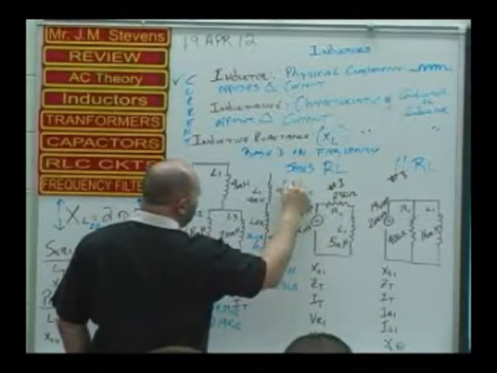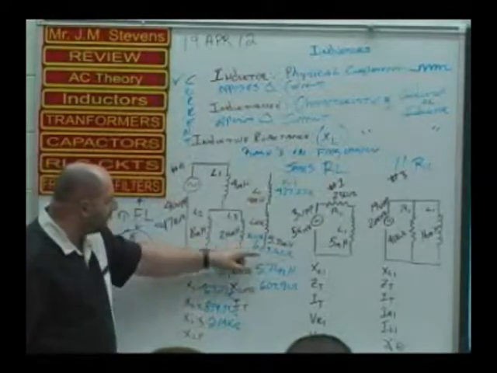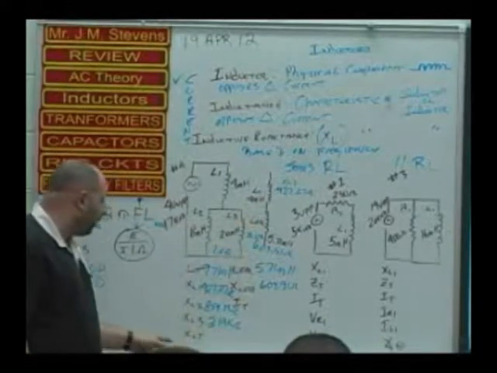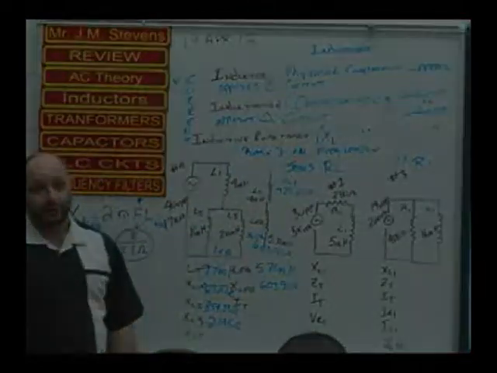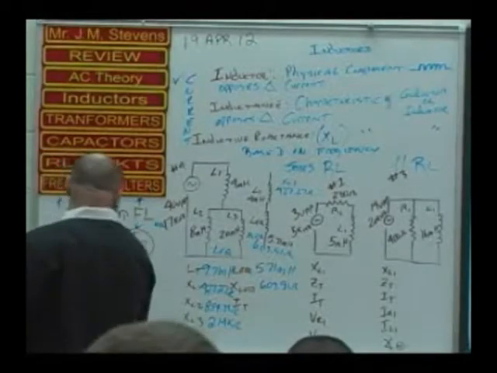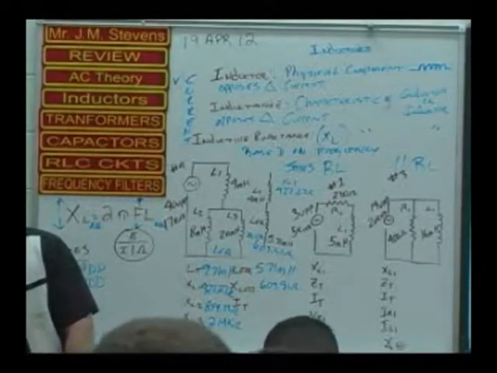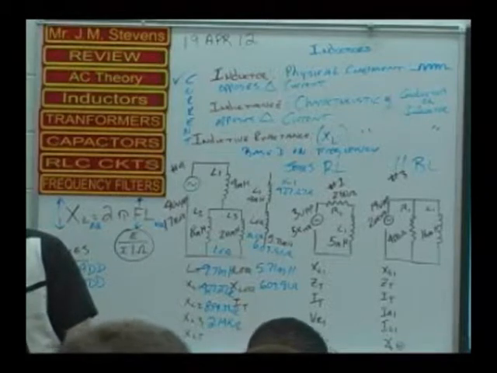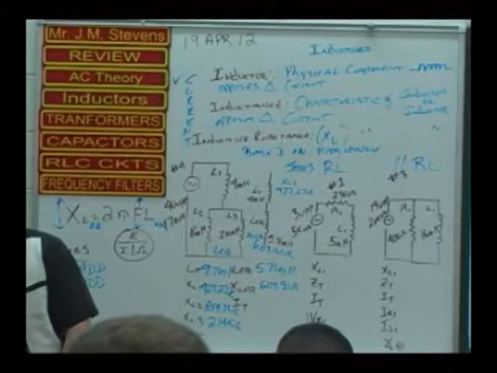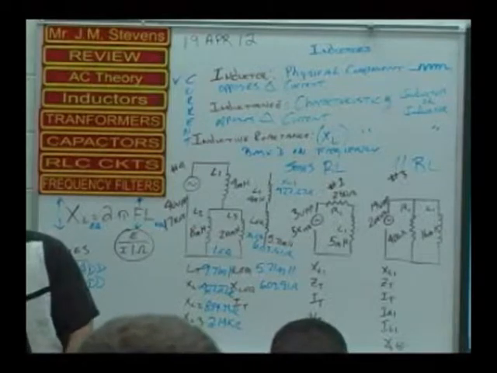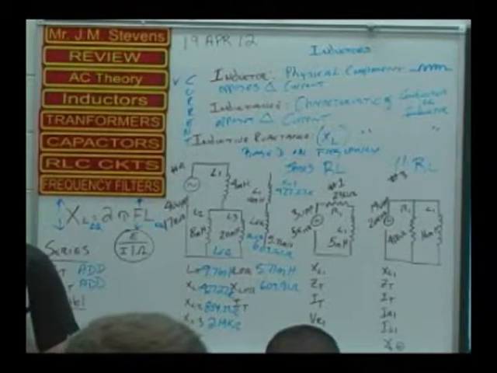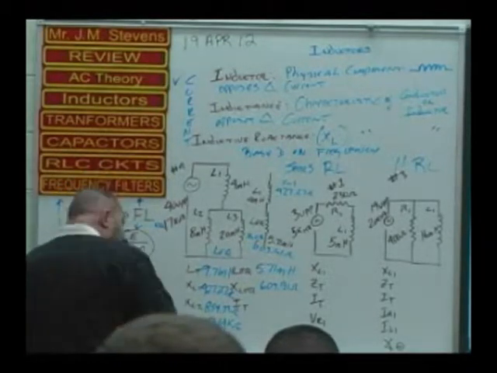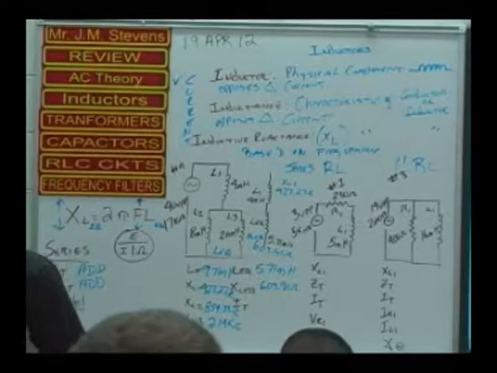So if you redraw it, you have XLEQ. Isn't that a way to find XL total? XLEQ plus XL1, because now they're in series and we add ohms in series. Yeah, that's right. XL total, I have 1.04 kilohms. Yeah, 1.04K. Good job.